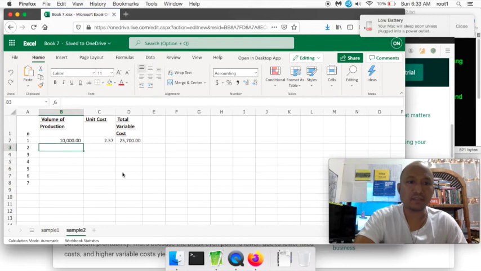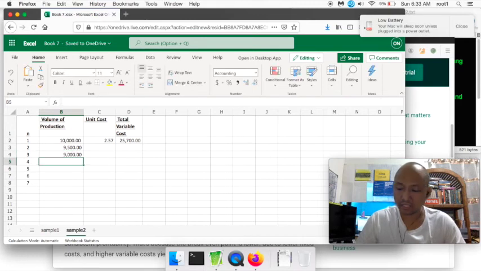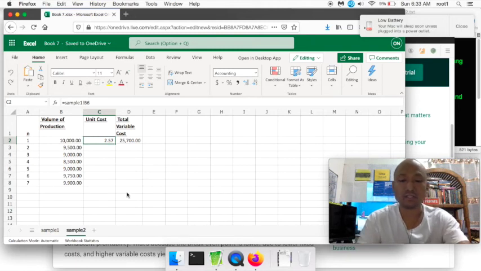So within 7 days or a week, let's say your volume production goes down to 9,500 and it goes still down to 9,000, some constraints, and still goes down to 8,500, goes back again to 9,000 and probably 9,050. Let's say rising 9,900. Okay, so that's your volume of production. While let's say that your unit cost would remain the same, it's still the same variable cost all throughout the week. There are no price changes.